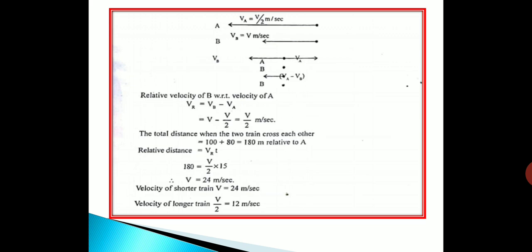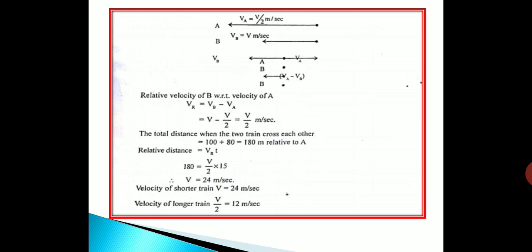When it covers the entire distance of the longer train and the last bogie of the shorter train just crosses the engine of the longer train, you can say that train B has completely overtaken train A. Again I am repeating, you can say that train B, which is moving with a velocity V, has completely overtaken train A when train B crosses the entire length of train A and the last bogie of train B is just ahead of the engine of train A.